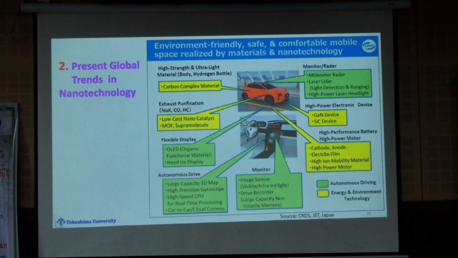If you use traditional material, then it will not show the brightness. Or it may be traditional material, but combined with another material so that the brightness and other features can increase. So display, batteries, sensors, monitors, these are various parts that we can see in the car, or even the tire. Okay? Tire is also a part of nanotechnology.